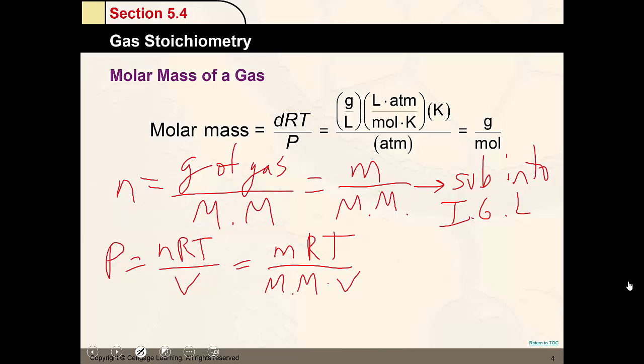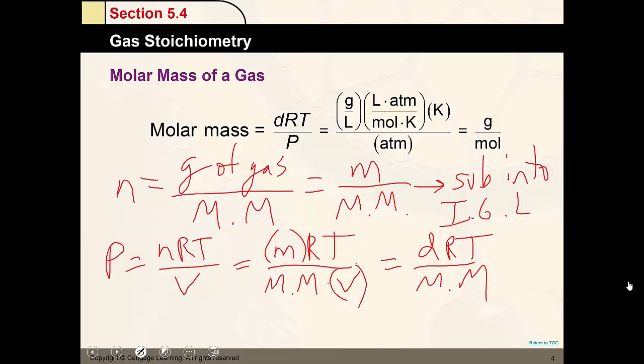And if you notice here, we have on top here mass, on the bottom here volume. So mass over volume, that is equal to density. So we can rewrite this equation in terms of density, dRT, over molar mass.